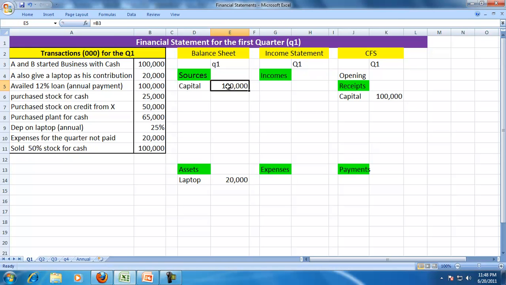So the capital will go up by 20,000. So capital has been contributed in the form of cash and in the form of the laptop.